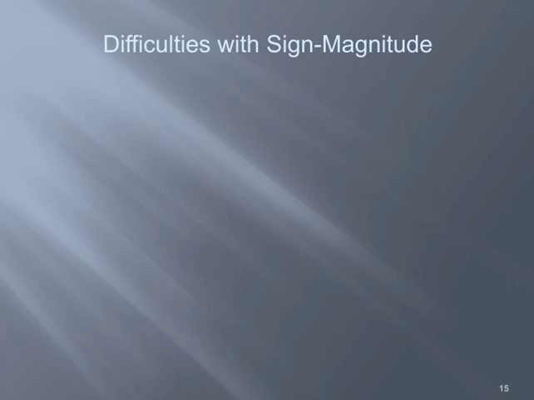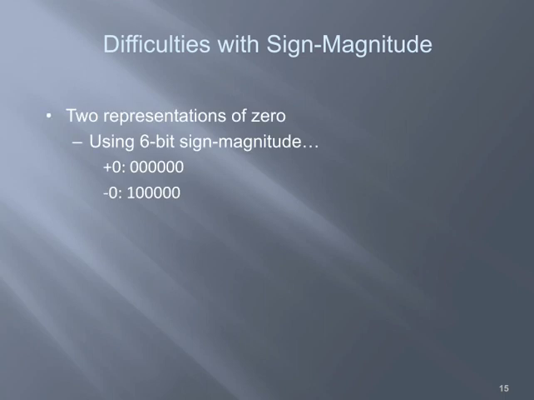There are some disadvantages or difficulties while representing binary numbers using sign magnitude representation, because when you want to represent 0, whether I need to append 0 or 1 as MSB. Same example I am considering using 6-bit sign magnitude, there are two representations for zero. If you want to represent plus 0 and minus 0, actually there should not be any plus 0 or minus 0, there will be only 0.